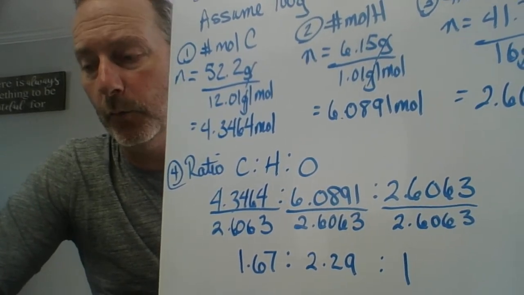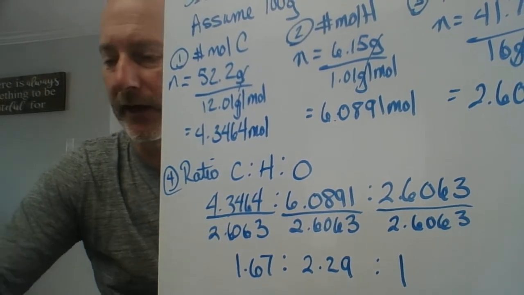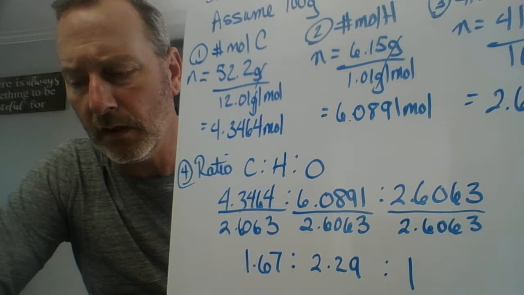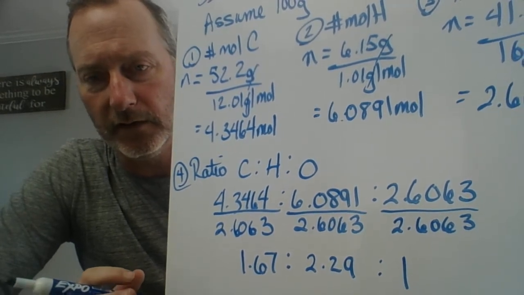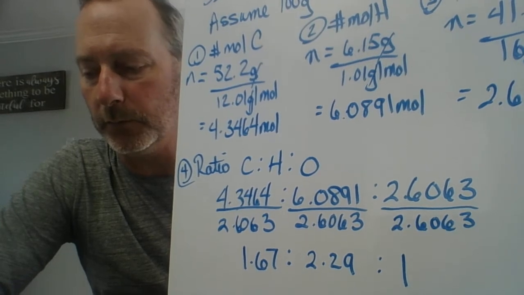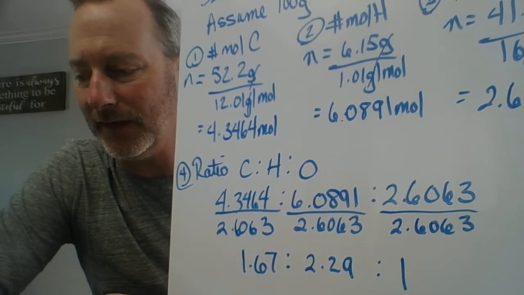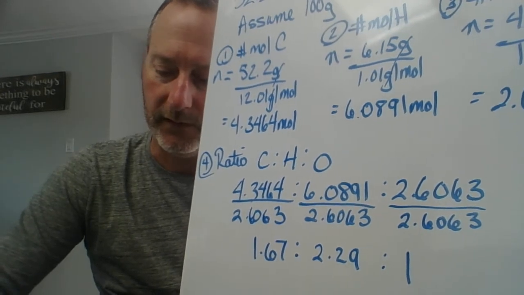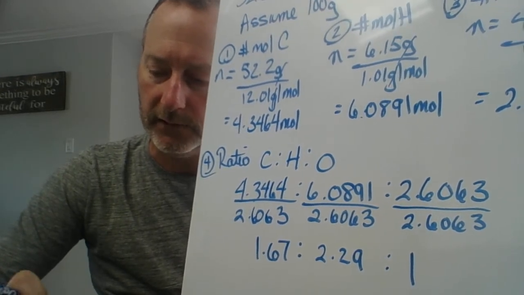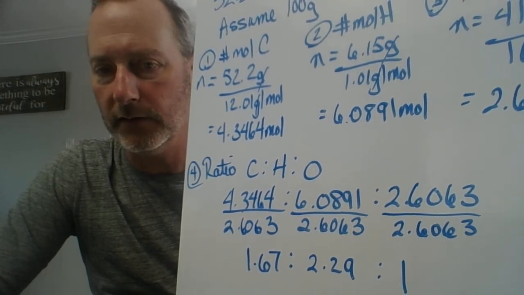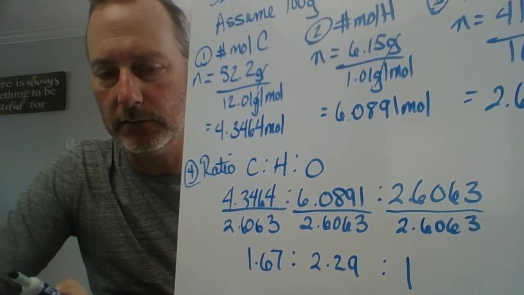So with that particular one, when we want to multiply to get it to be a whole number, we can use that knowledge to get it into whole number spots. So we're going to multiply by whatever. In this case, if you multiply 1.67 times 3, it equals 5.01. Okay, and that's close enough to that 5.